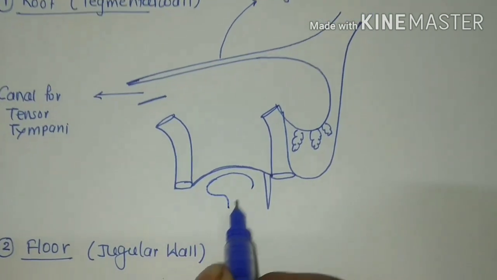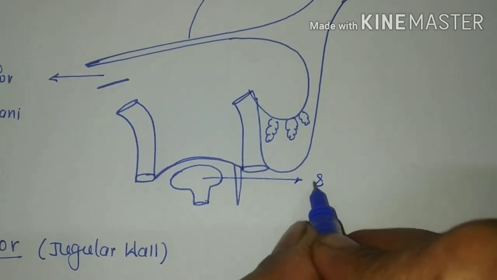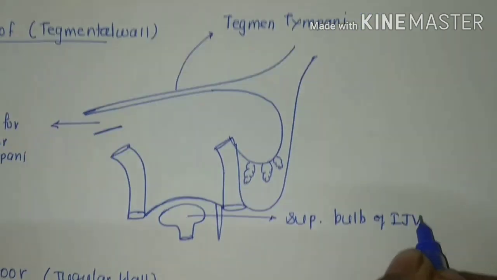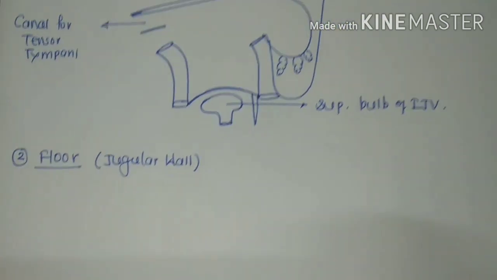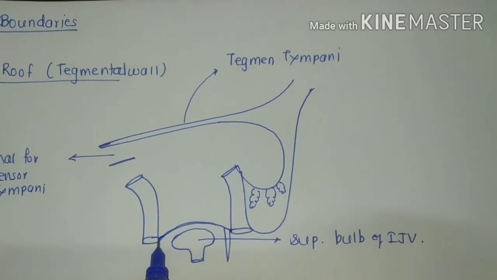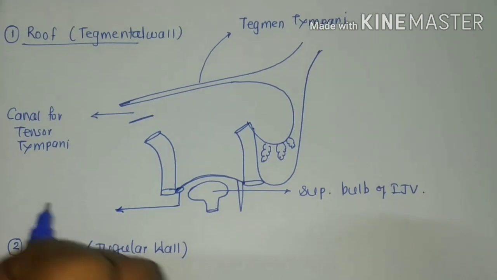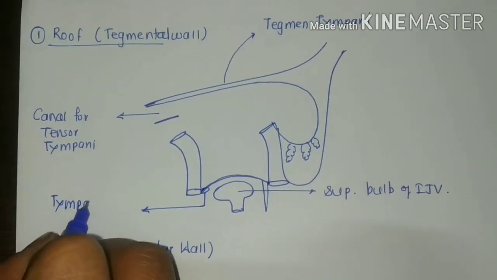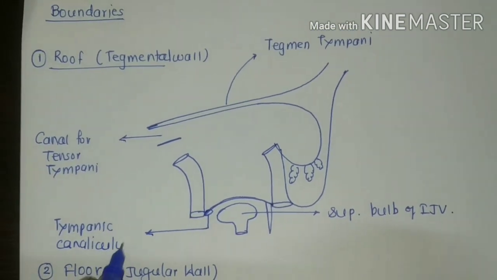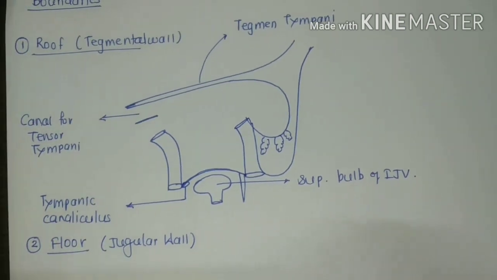So this is the superior bulb of internal jugular vein, which is separated by means of floor. Near the medial wall, the floor presents a canaliculus which is called as tympanic canaliculus, and through this tympanic canaliculus passes the tympanic branch of the glossopharyngeal nerve.